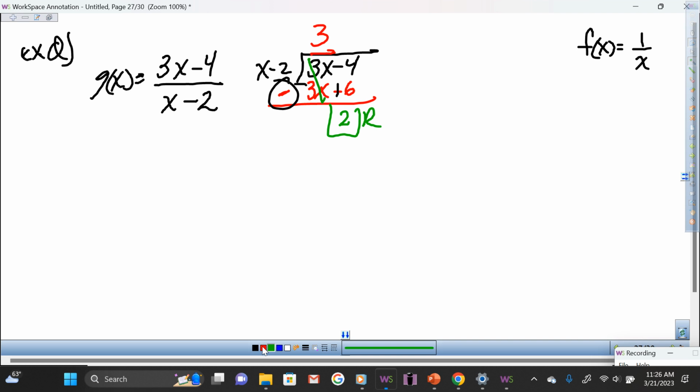All right, so how do we write our answer? Okay, we got 3 plus a fraction. The remainder is 2 over x minus 2. But we still need to rewrite that, yes? All right, what do we do? Tell your neighbor, please. All right.